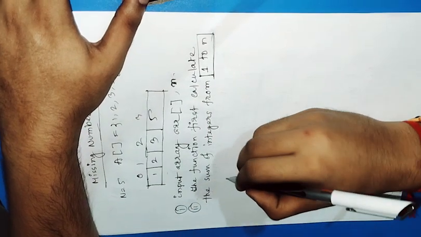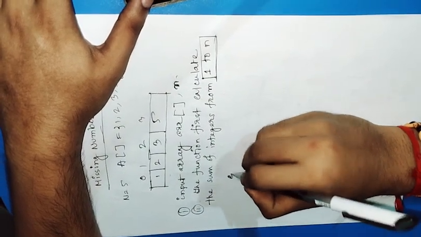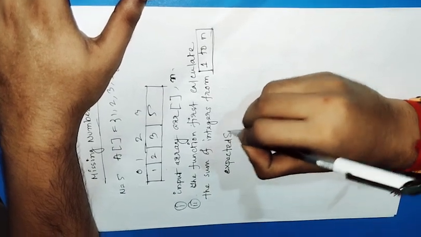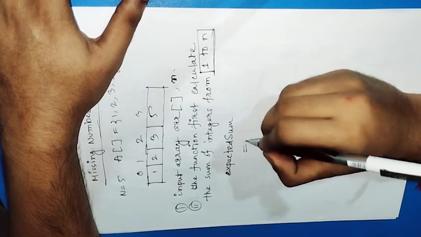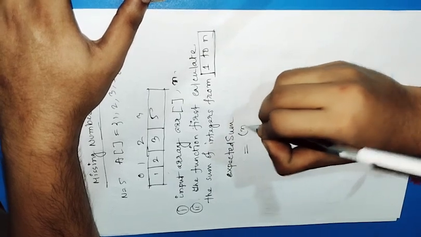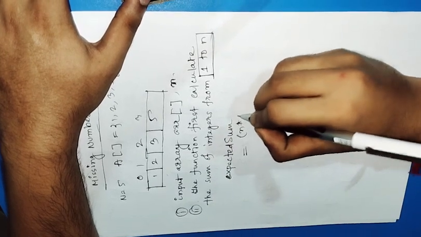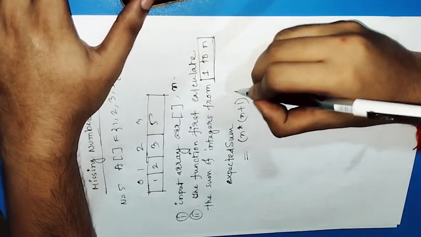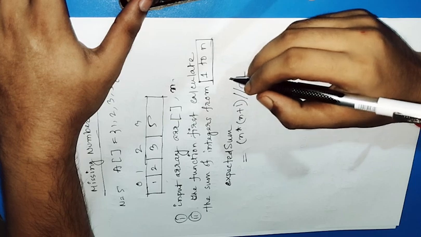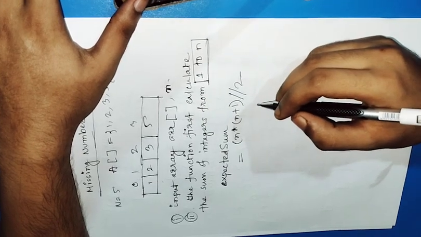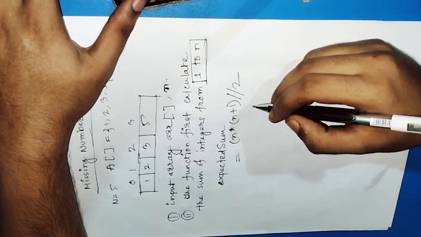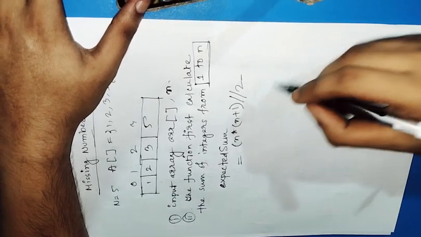The formula is expected sum equal to n into n plus 1 divided by 2. This is because we know that the array contains distinct integers in the range of 1 to n.